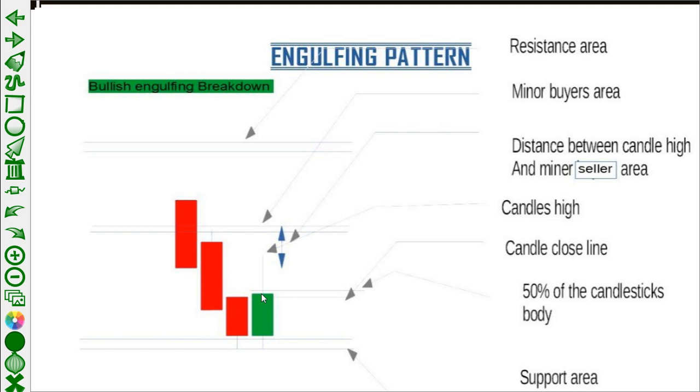And here we may be tempted to place a call option, but one thing we need to observe is that the candle is closed below the 50% line of the same candle, and the wick percentage is also 50%.